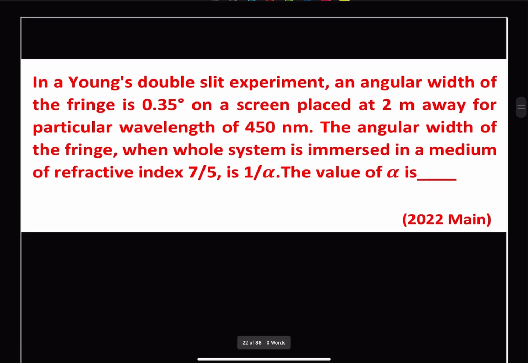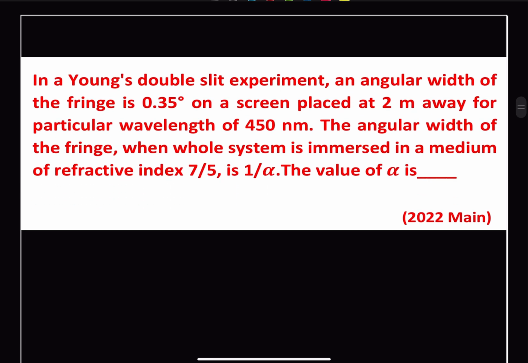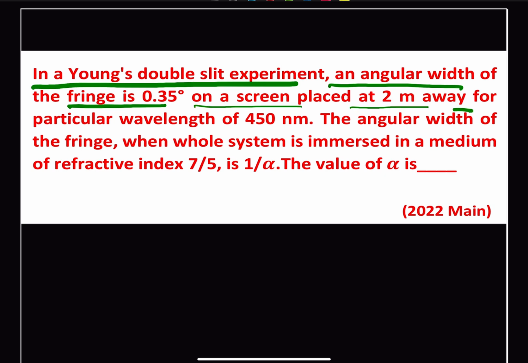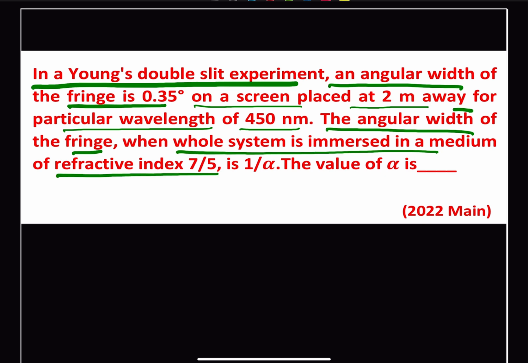Next question. It states that in Young's double slit experiment an angular width of fringe is 0.35 degree on the screen placed 2 meter away for a particular wavelength of 450 nanometer. The angular width of the fringe when the whole system is immersed in a medium of refractive index 7/5 is 1 upon alpha.